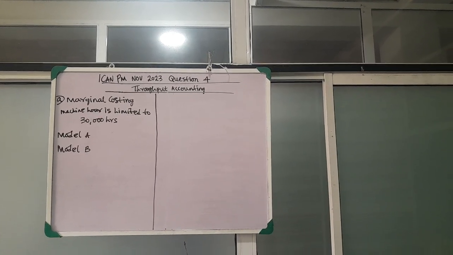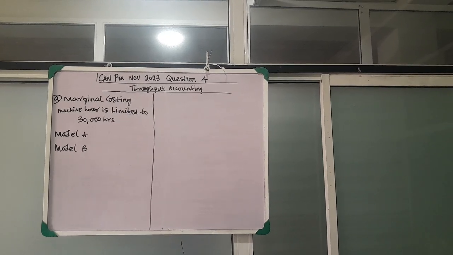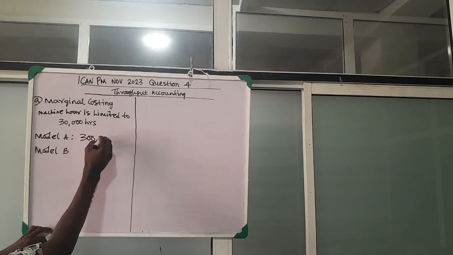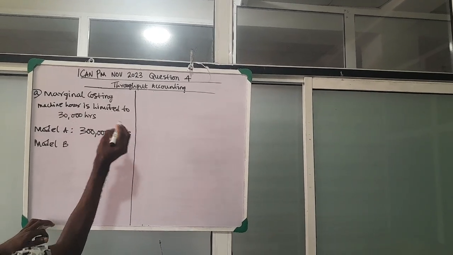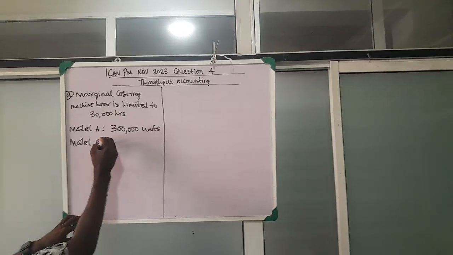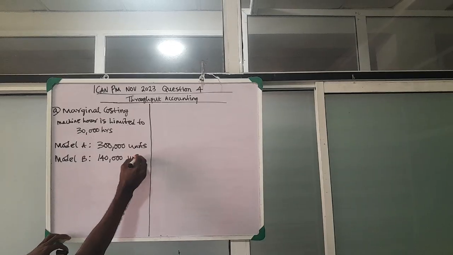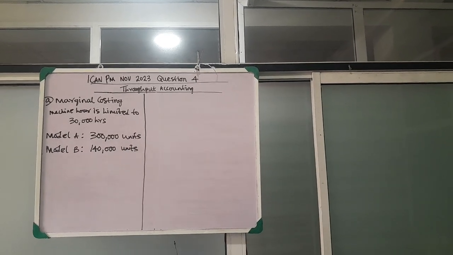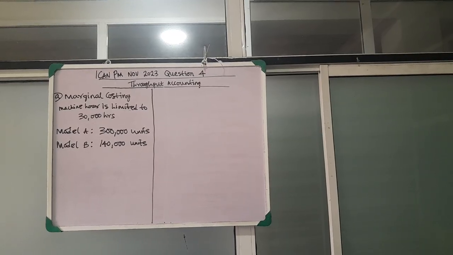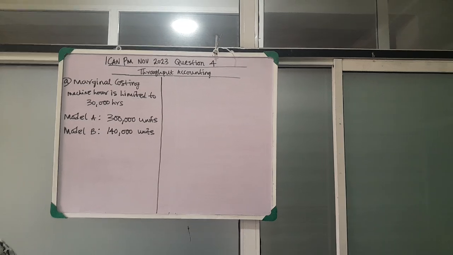The quantity that is mentioned here, they say they have 300,000 units for model A, which is what is required. Model B, they have 140,000 units. Now, in the question, it was clearly provided that model A produces 12.5 units per hour, then model B, 10 units per hour.